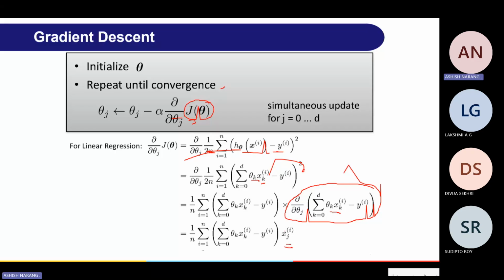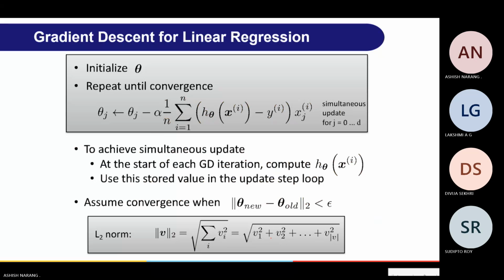Every time you do this for multiple thetas, the term for that particular theta will be left. So this is what the equation is: theta j is equal to theta j minus alpha times 1 by n, h theta xi minus yi, times xji. This is the simultaneous update that will happen for all the thetas.